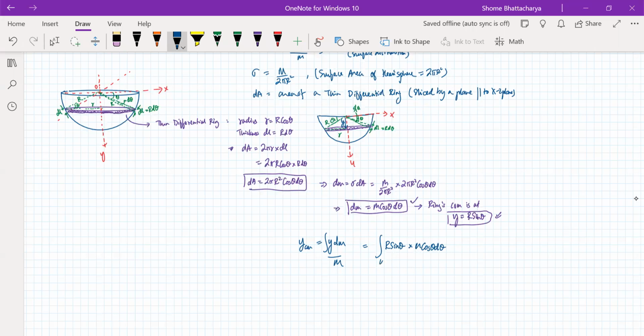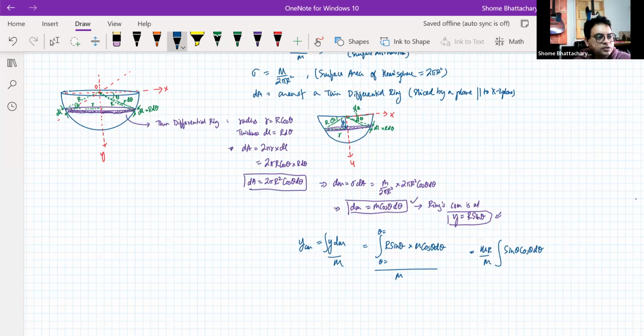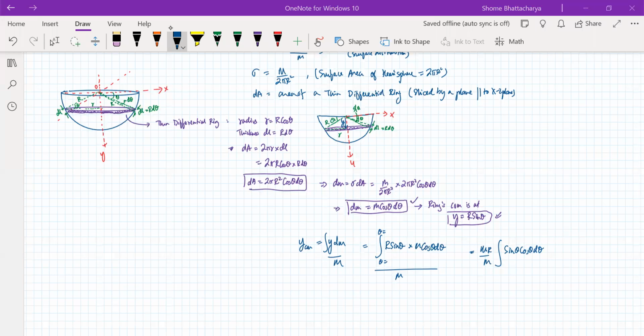But what should be the limits? Anyone? What limits of theta should we take? Starting from minus pi by 2 to plus pi by 2.